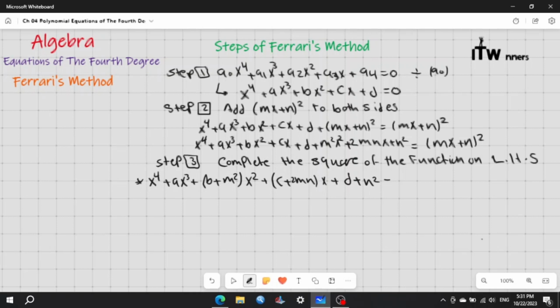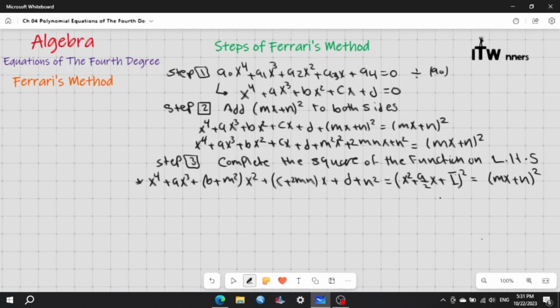This will be equal to (x squared plus half of a x plus i) squared equal to (mx plus n) squared.